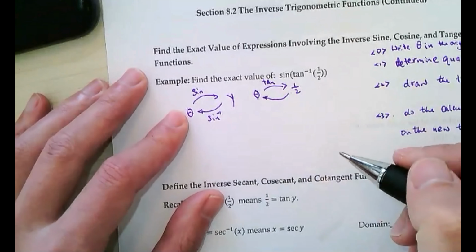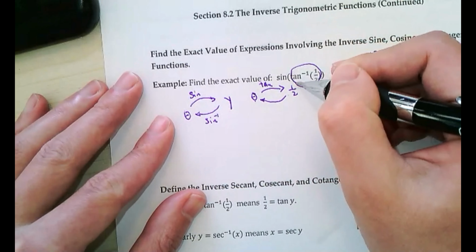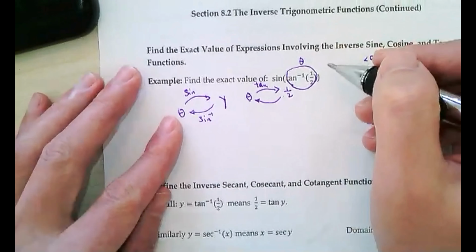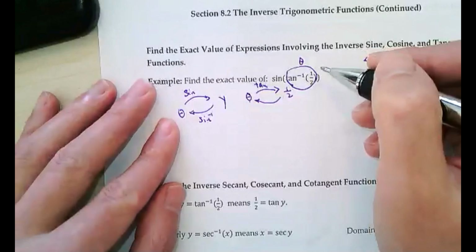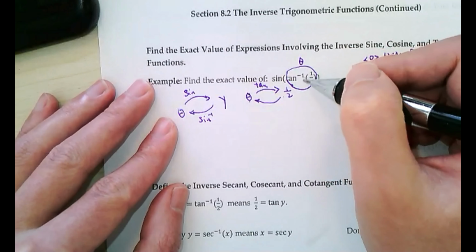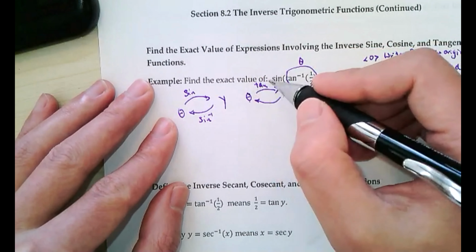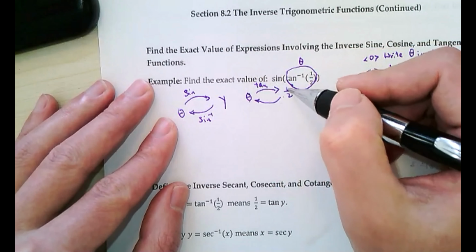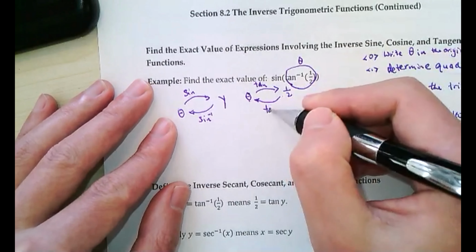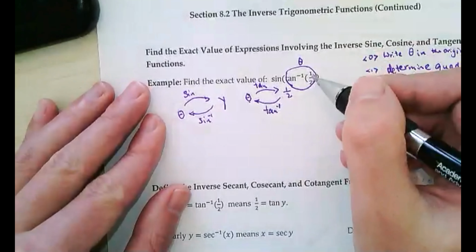But in your mind, whenever you see an inverse trigonometric function, you should always think of it as an angle. Okay, this is always an angle. You're looking for an angle which, using the tangent function, we can map to the value here, which is 1/2. Inverse tangent maps back. Okay, this is a review of what we did.